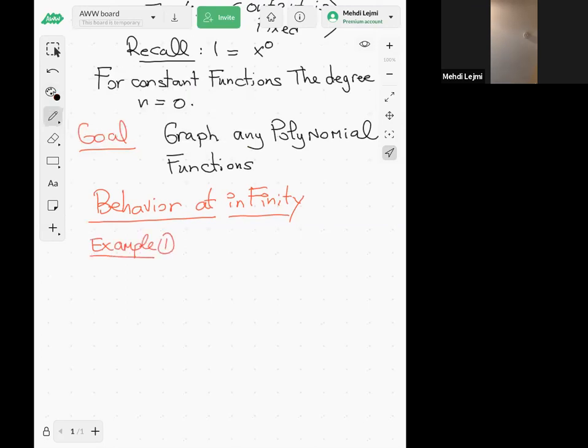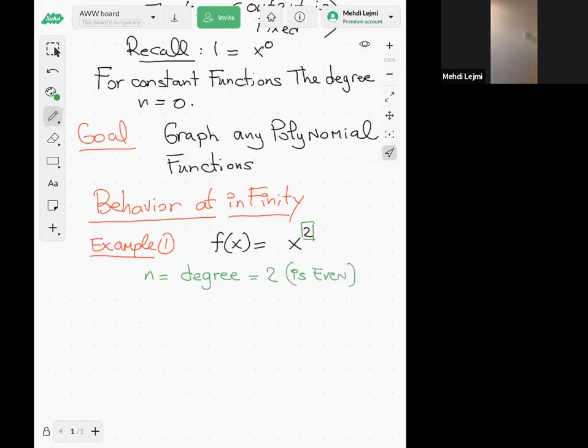Of course, x squared is a quadratic function, and in particular, it's a polynomial. So what will be the degree here? The highest power of x is 2. So n, the degree, is equal to 2, which is even.